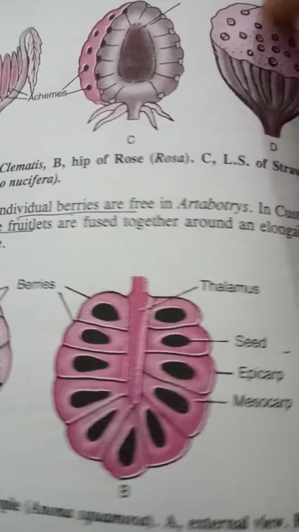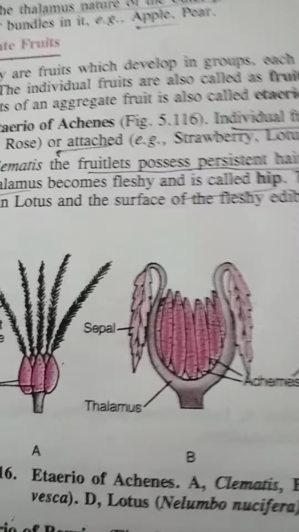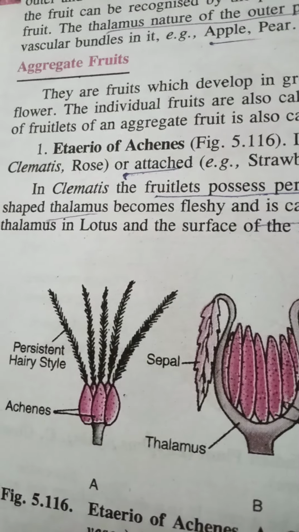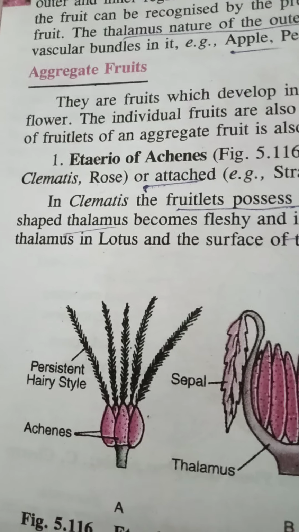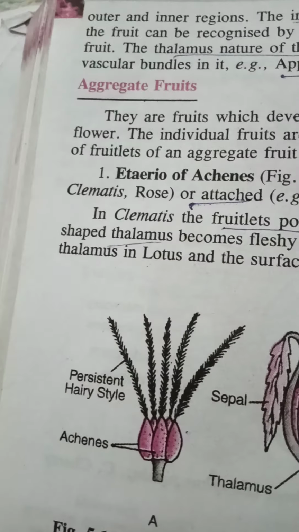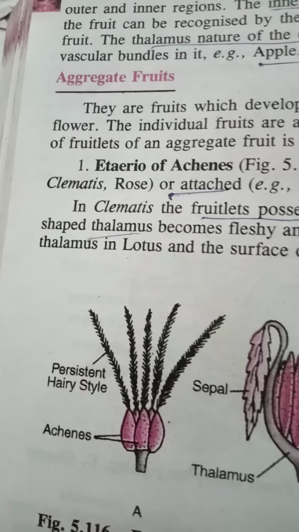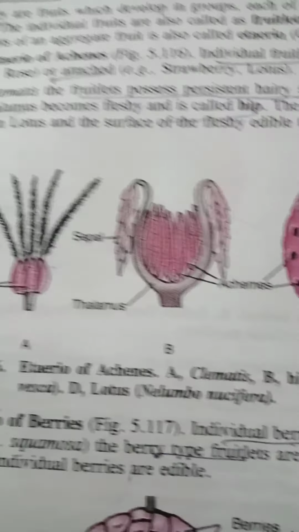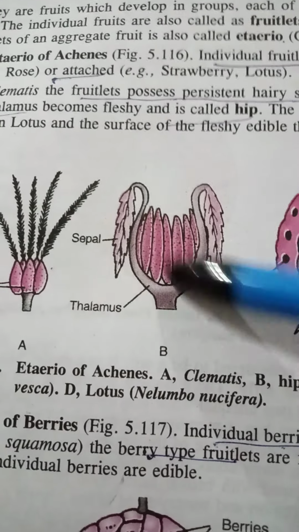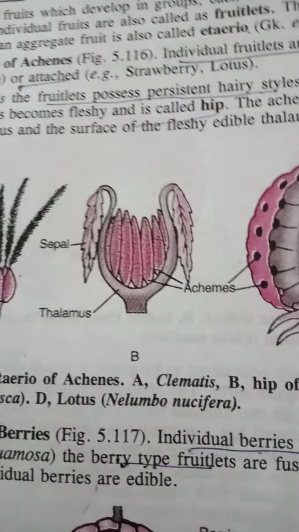So next we come to the aggregate fruit. Apocarpous flowers develop aggregate fruit, and this group we call etaerio. Etaerio of achenes means individual fruits are formed. You can see this is the etaerio of achenes, observed in case of rose.